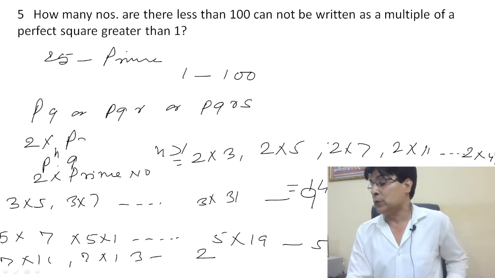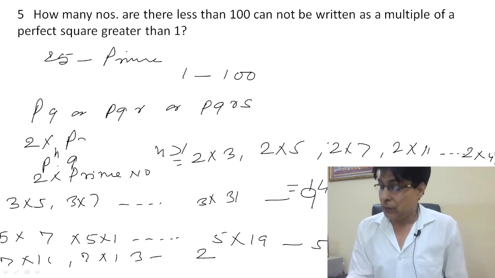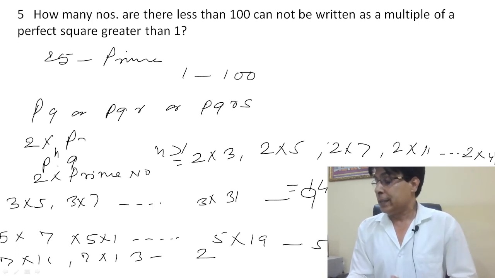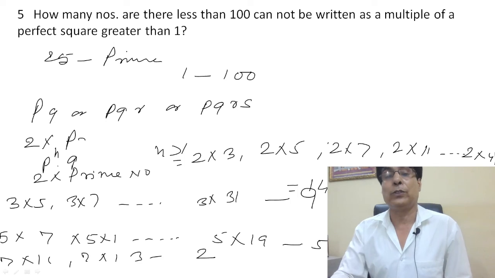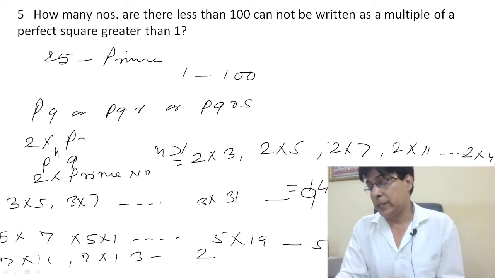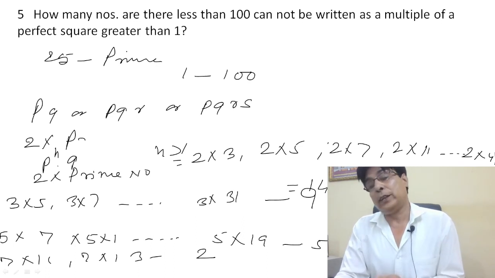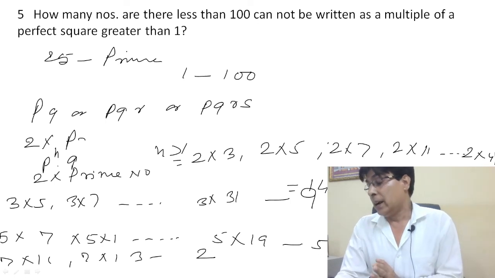Now we need to count all the numbers in the form of p into q into r, that is 2 into 3 into 5, 2 into 3 into 7, 2 into 3 into 11, 2 into 3 into 13.